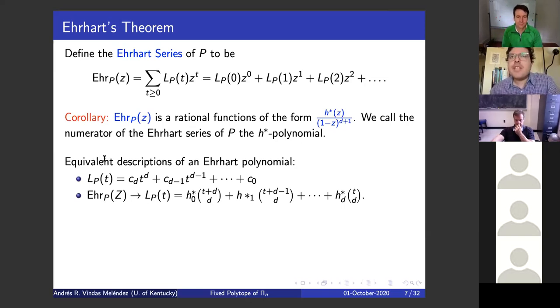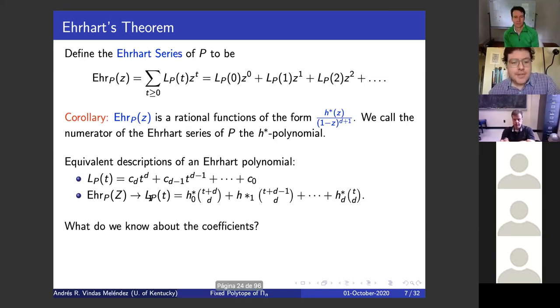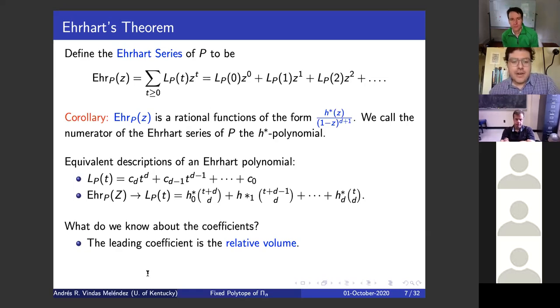And when we have some generating polynomials, do these coefficients count anything? The answer is yes. So what do we know about these coefficients? The leading coefficient of the Ehrhart polynomial is always the relative volume. If it's a full dimensional polytope, this is actually the Euclidean volume.